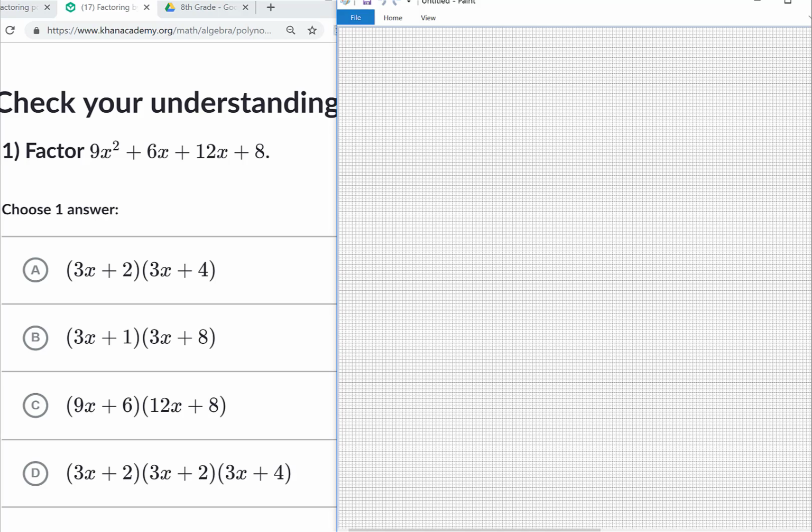Okay, so when we factor by grouping, we want to look at these terms, and we want to group the first and second term and then the last two terms. So I have 9x squared plus 6x, I group those, and then I have plus 12x plus 8.